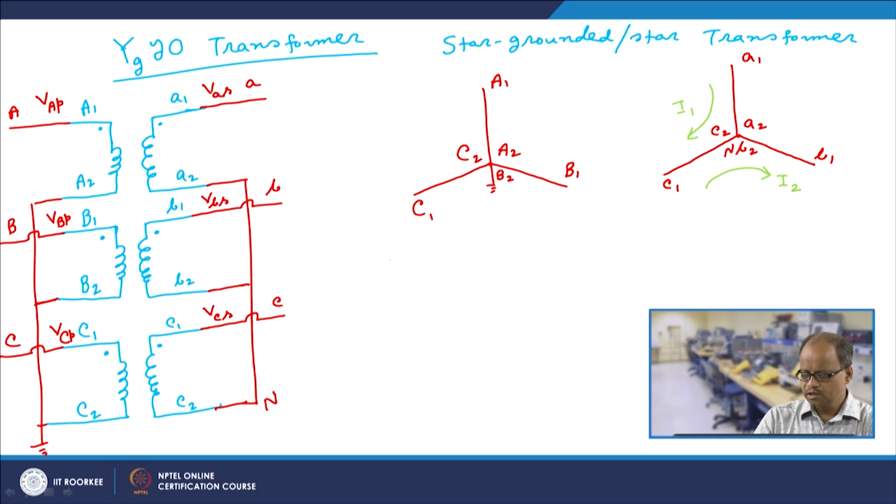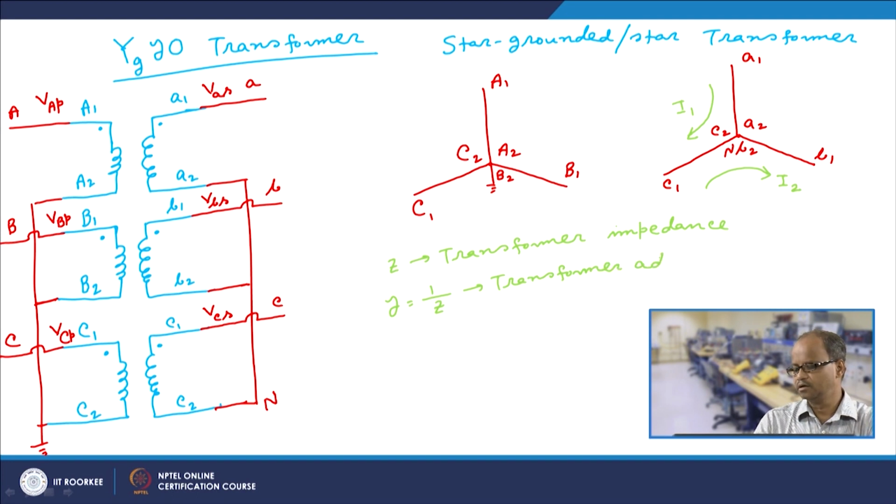We also say that small z is the transformer impedance. Then we can say Y equal to 1 by Z is the transformer admittance.